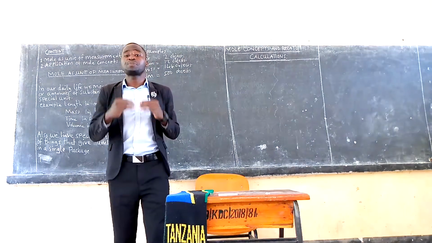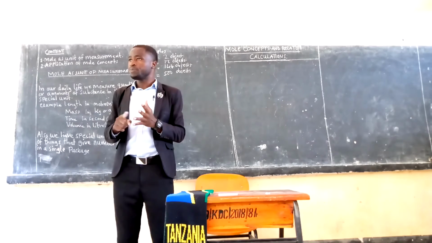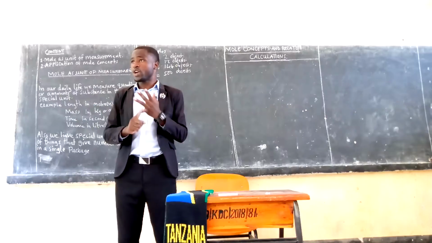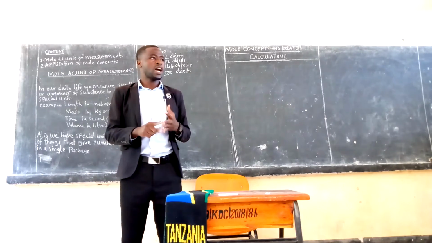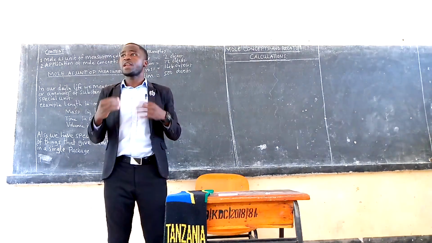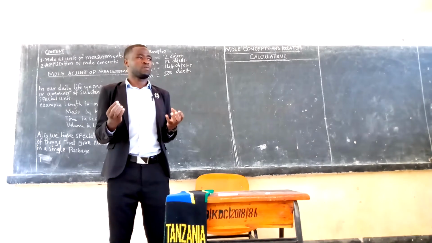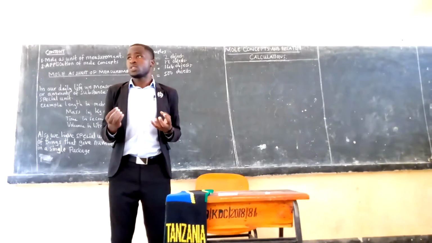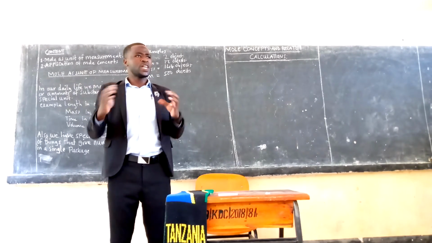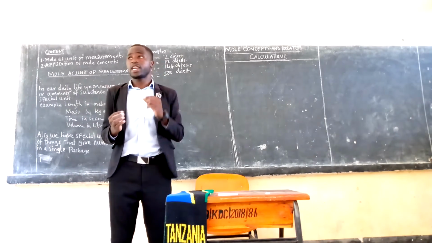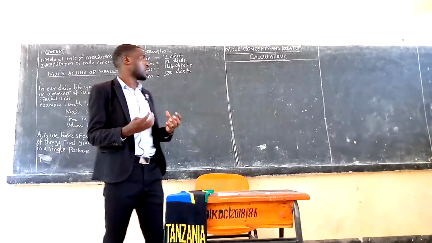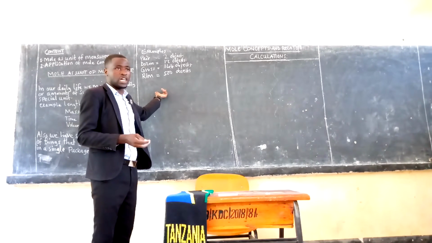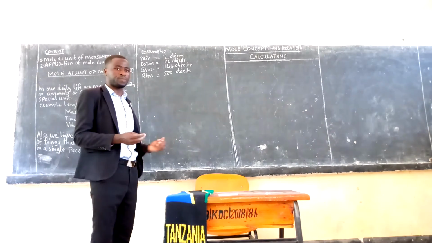When we talk about particles in chemistry, we mean atoms, molecules, subatomic particles such as electron, proton, neutron, and also ions, cations and anions. These are very small particles that cannot be seen by the naked eye. Hence, in chemistry, they came up with the mole. The idea of the mole is now introduced.